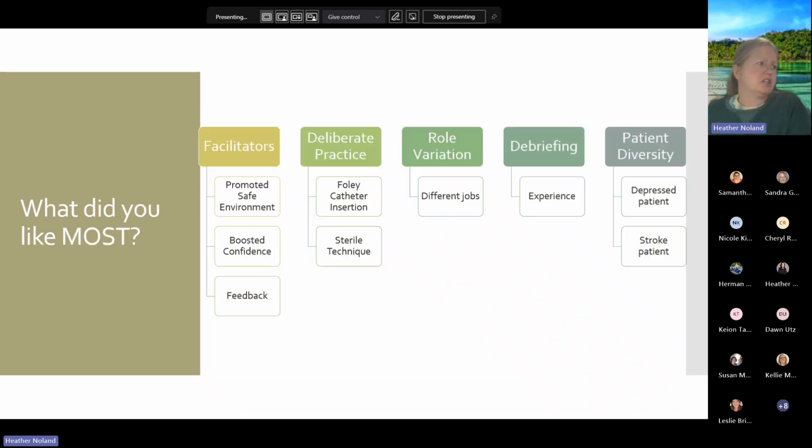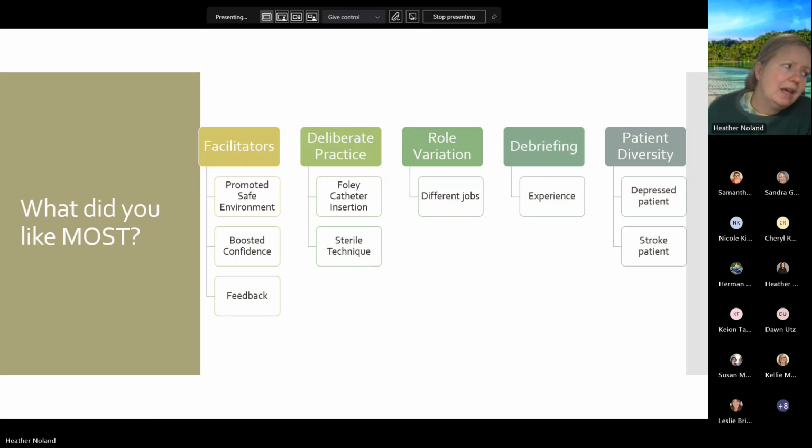Additionally, they ask a question, what did you like most? And so you'll see these big buckets on the screen. There are 5 of them that they identified. In their responses, they put a little more qualitative data on the facilitators. And so looking at the data here, we can look at how well our facilitators are doing, the things that they are enjoying from the experience.